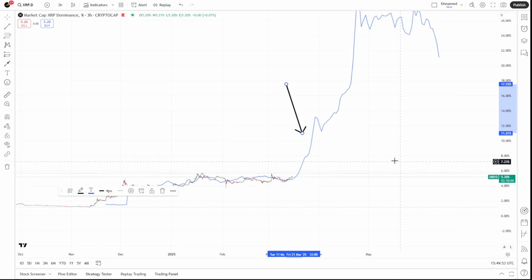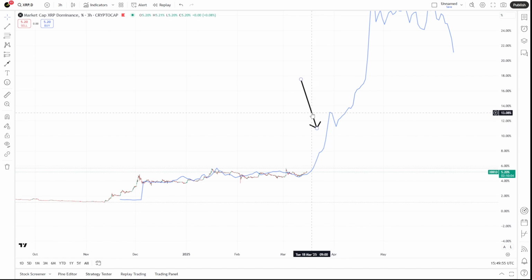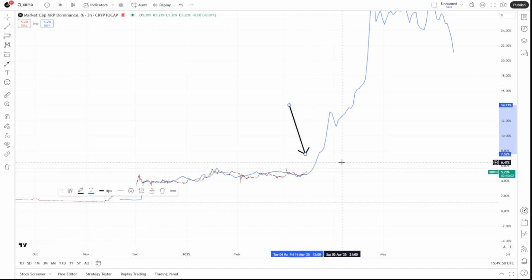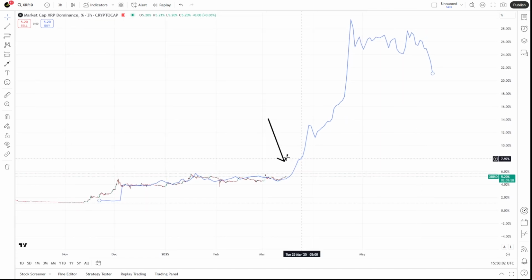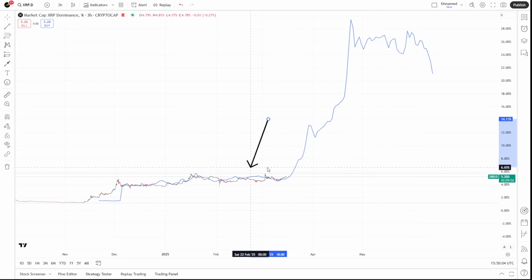Now, sure, it could deviate. There could be something that gets printed that makes us say, well, I don't know if it's going to play out. But as of now, there's nothing like that on this chart. It's following it pretty nicely. And until something gets printed that would say otherwise, I assume that this is going to continue to play out.